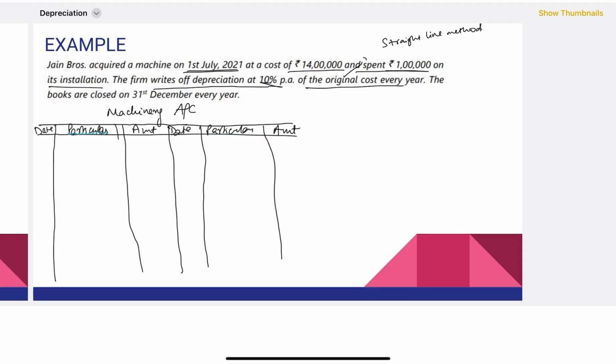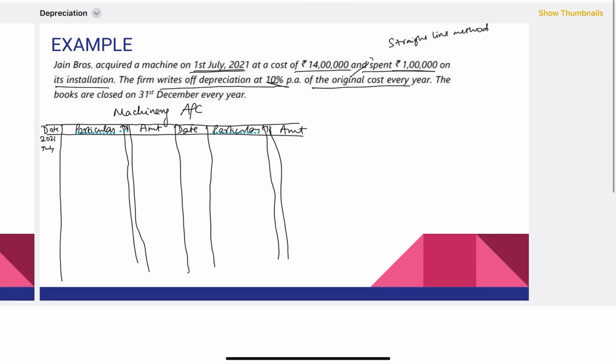And there is a journal folio column also because it is a ledger account. So we acquired a machine on 1st July. So on 1st July, we'll pass the entry: to bank account 15 lakh. So it is basically cost plus installation charges.